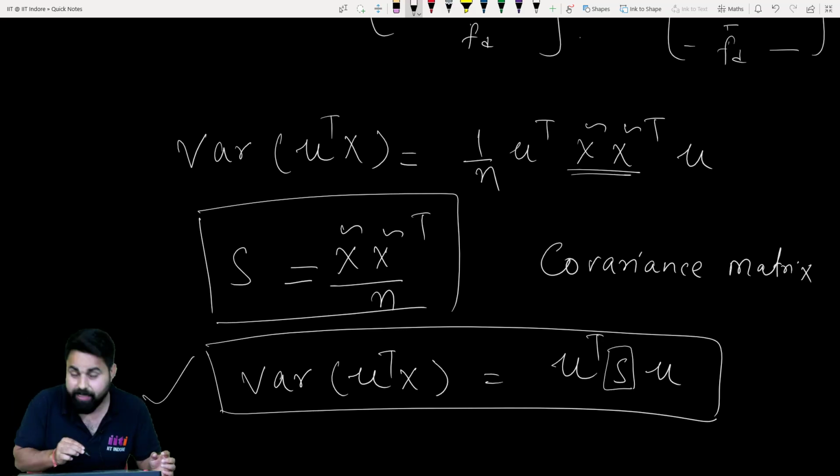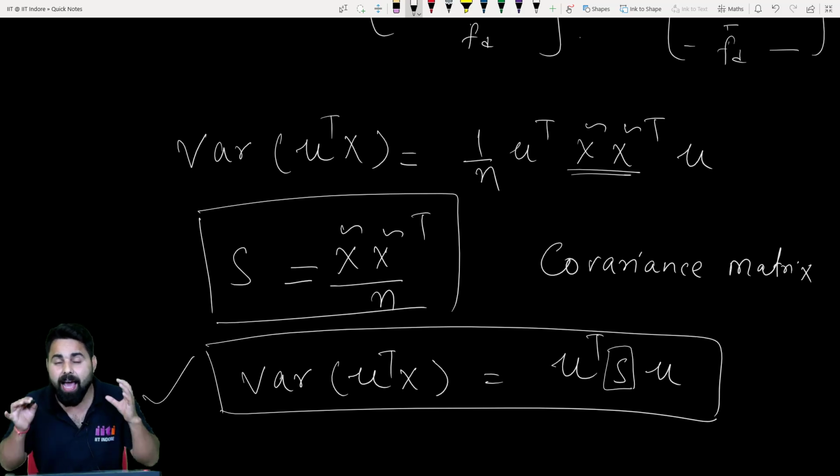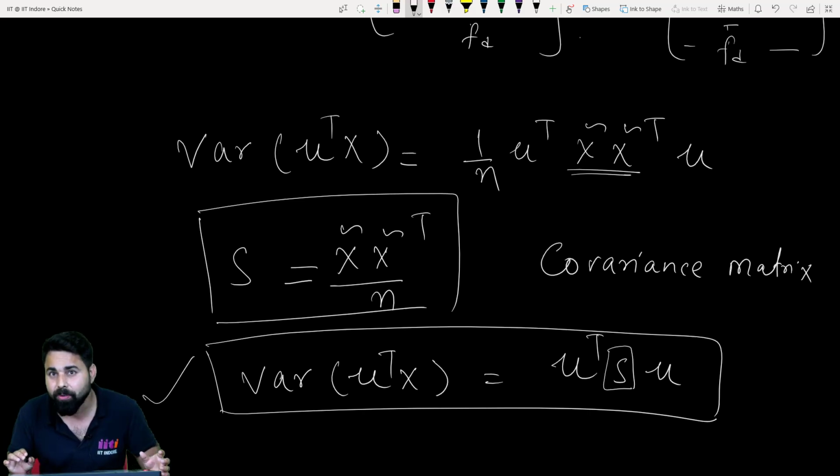So the variance was this when we projected every data point along our unit vector u. Remember, every data point has d coordinates, so d features, so they were in the d-dimensional space. The variance came out in terms of the covariance matrix.